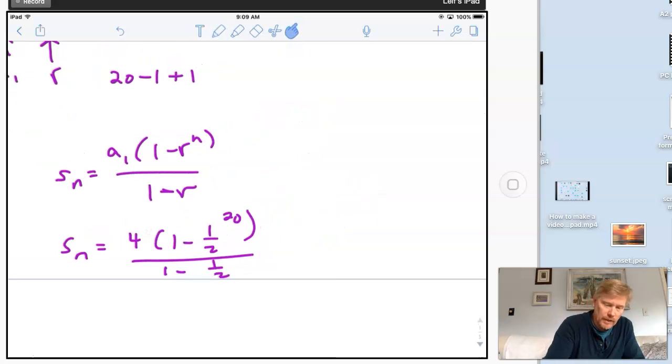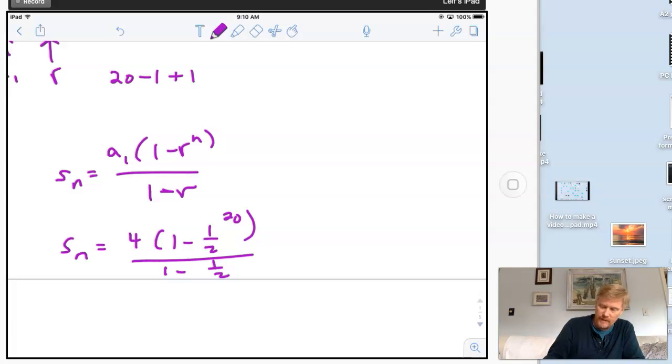Make sure you do your exponent first, before you do the subtraction. Don't subtract and then do the exponent. So if I go 0.5 to the 20th power, I get 0.0000, a whole bunch of zeros, 954. Then subtract that from 1 and multiply that times 4. I'm getting 3.99685.